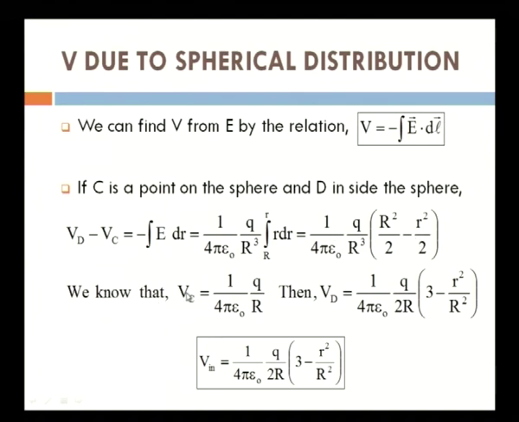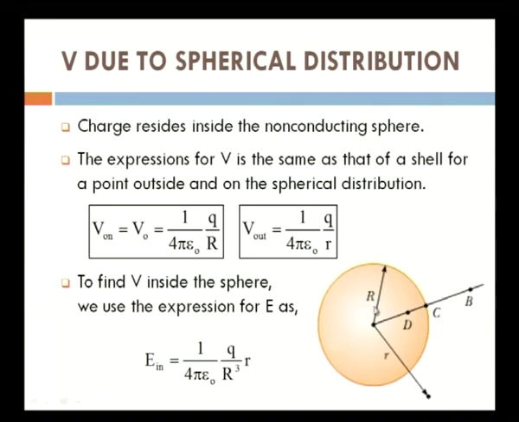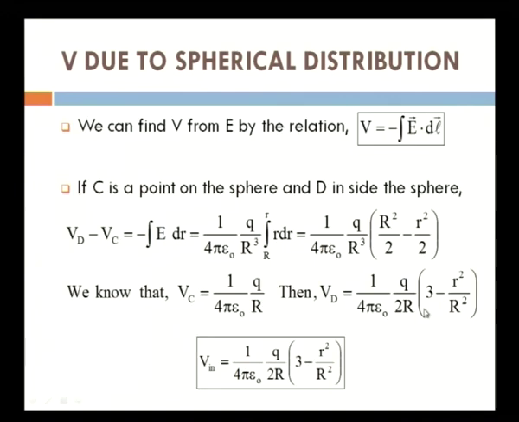We know that V C is the point on the sphere, as it is shown, the C is on the sphere. For on the sphere, we already know this as the relation, it is 1 divided by 4 pi epsilon naught q divided by capital R, and when we use this V C and rewrite the expression for V D, finally what we get is this relation.